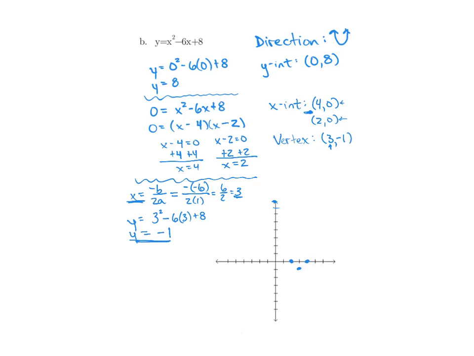Notice that I don't have to compute anything new. If I go 3 to the left of the vertex, I am at 8. So that means that if I go 3 to the right of the vertex, I should also be at 8.